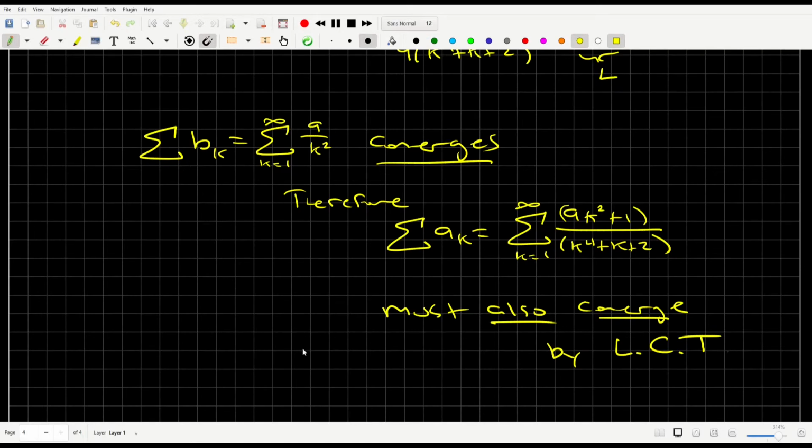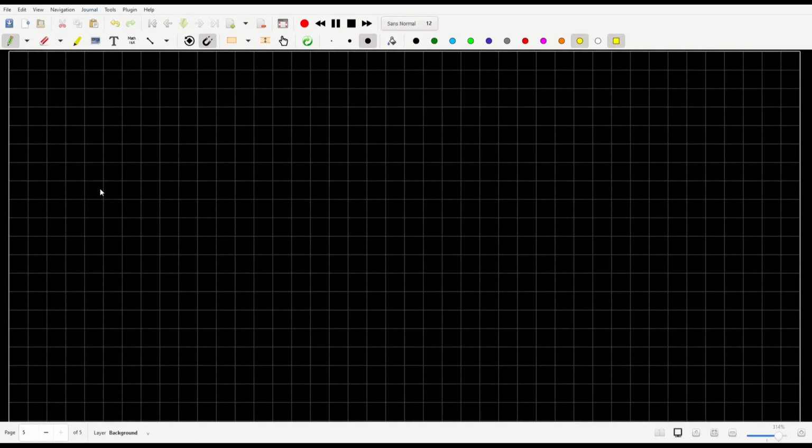So we'll do one or two more examples just to make sure that we're understanding how to apply this theorem.